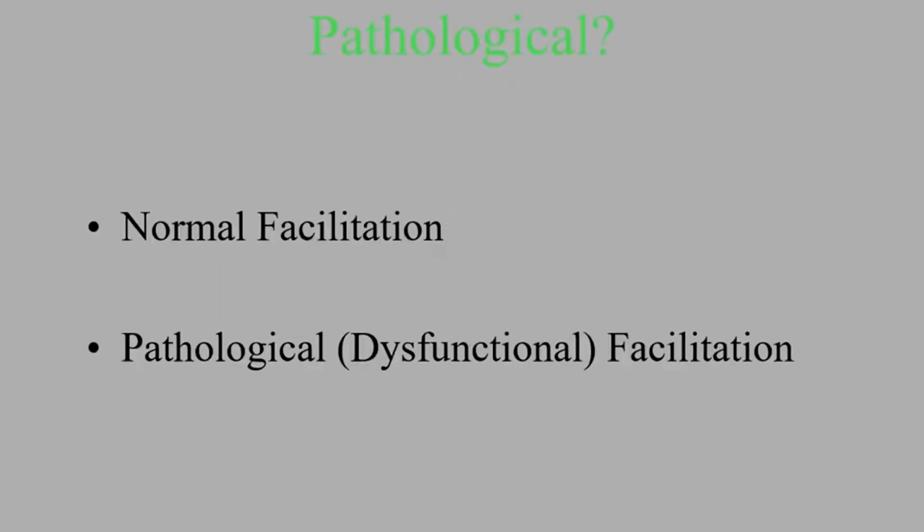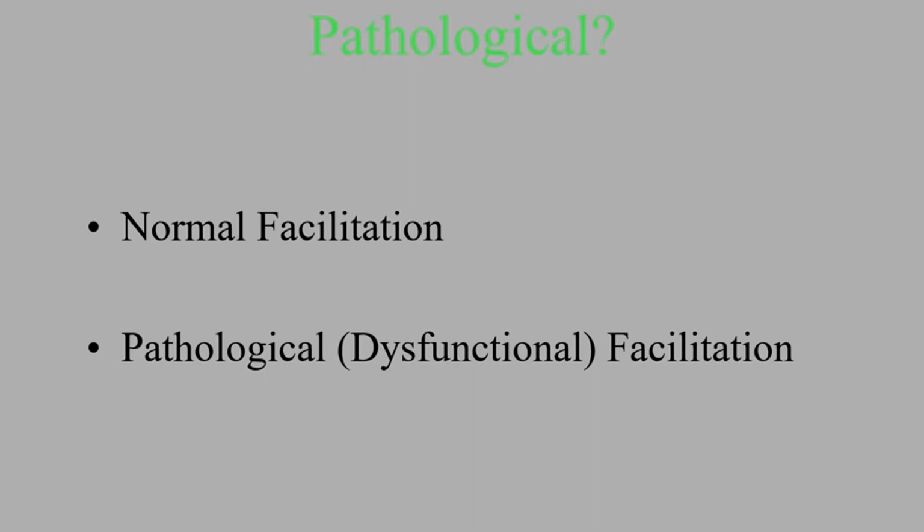There are actually two types of facilitation. One is normal neurophysiological facilitation, which happens day in, day out through your life, and the other one is the one that we're used to talking about, the pathological or dysfunctional facilitation. Normal facilitation is a training effect. It's also an anticipatory effect.